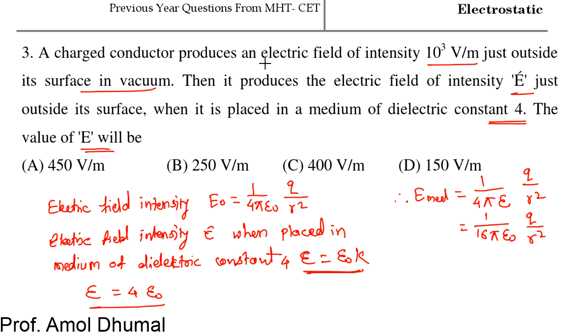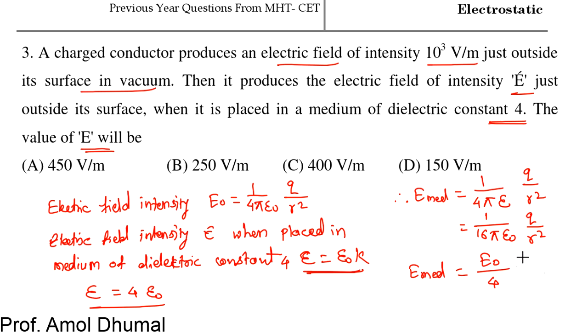The initial electric field intensity was 10 cube, that is 1000. So E medium we can write as E0 upon 4.